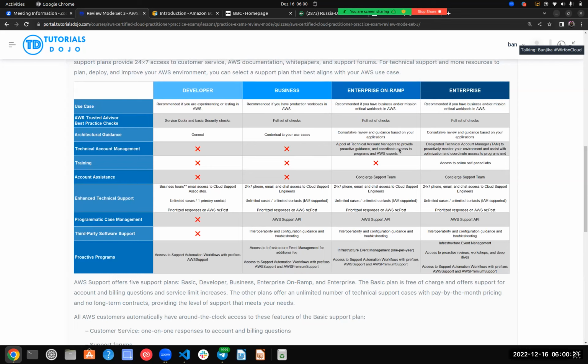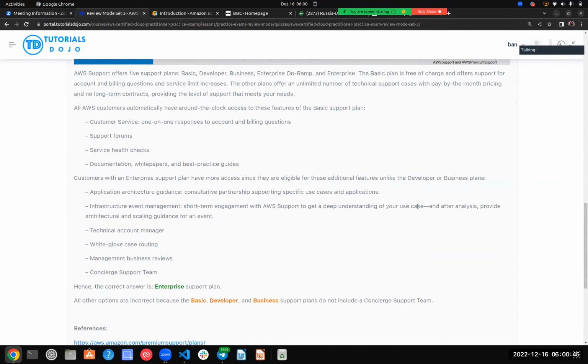It's only found there. That's why we do the revision. So at least hopefully everyone tries to remember that now. And also remember that for technical account manager, for enterprise, you have a designated TAM. For enterprise On-Ramp, you have a pool of technical account managers. Make sure you capture these two as well. But concierge is always found on enterprise, yeah. Okay.